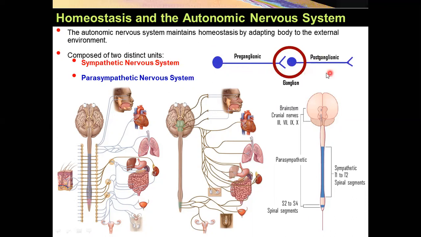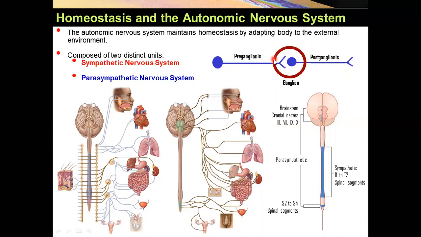One cell is located in the brainstem or in the spinal cord. It is connected by a nerve fiber to the other cell, which is located in a cluster of nerve cells called an autonomic ganglion or the motor ganglion.